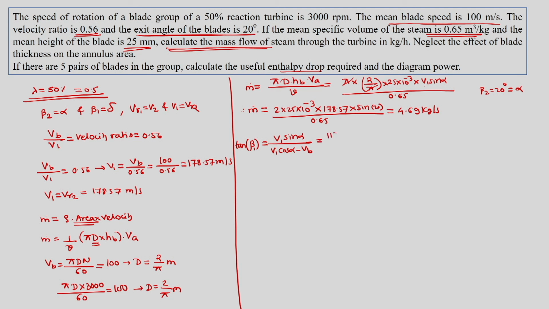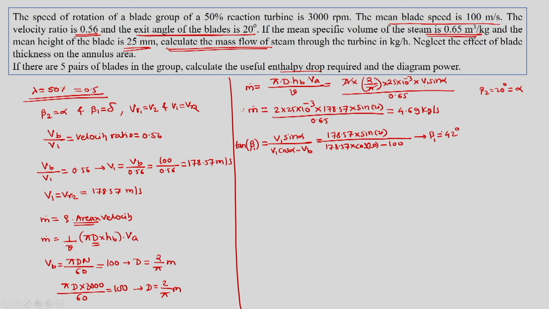We know V1, so it is 178.57 into sine 20 divided by 178.57 into cos 20 minus Vb, and Vb is equal to 100 meters per second. So this gives us beta 1 as 42 degree.